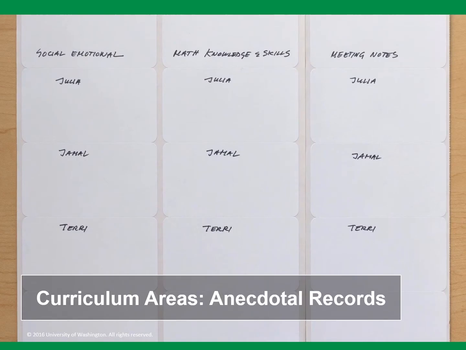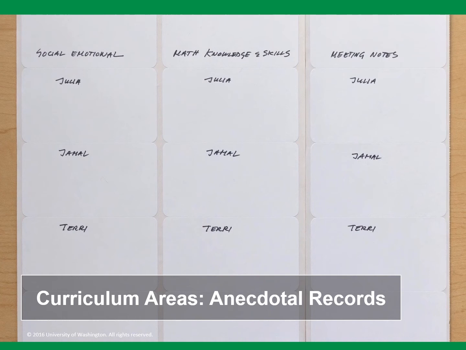Here's another way to collect anecdotal records. The teacher and aide use sheets of labels to write down their observations of children's behavior. Each column of labels is used for a different domain in the Head Start Child Development and Early Learning Framework. The children's names are pre-printed to remind teachers to observe each child in every area.